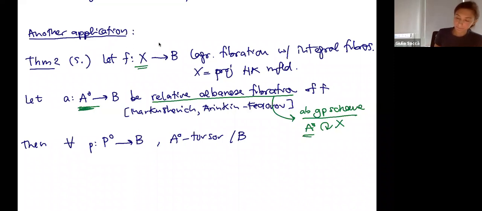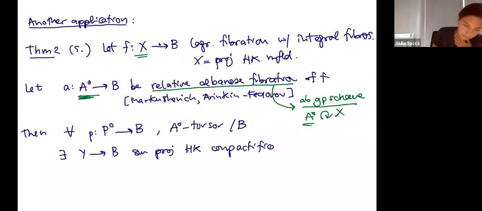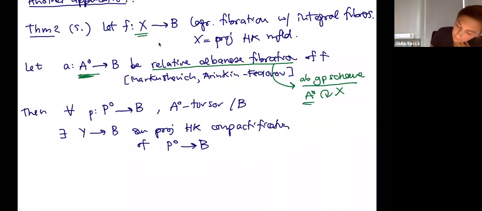just non-compact groups. Okay, and so then for any A0 torsor, the statement is that there exists Y, a smooth projective hyperkähler compactification of this torsor. Here, I want P0 to be quasi-projective.